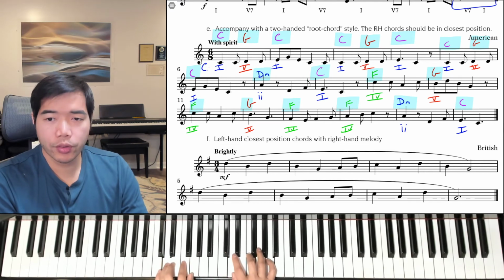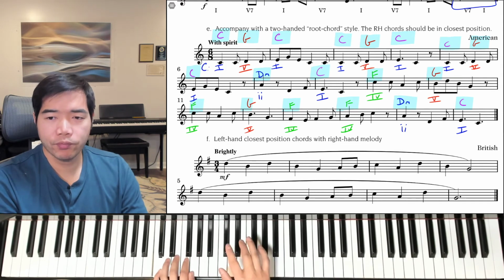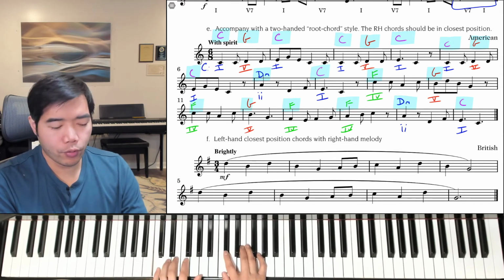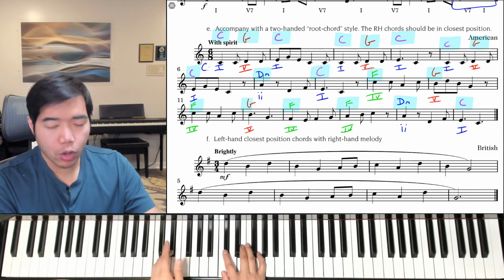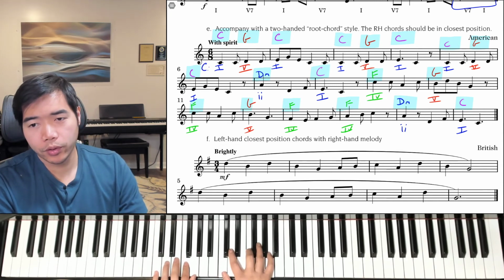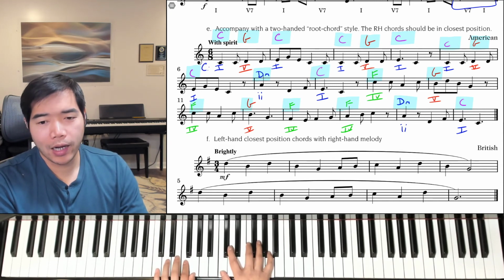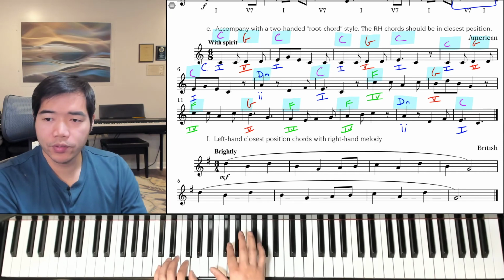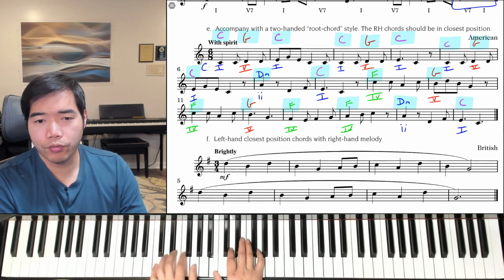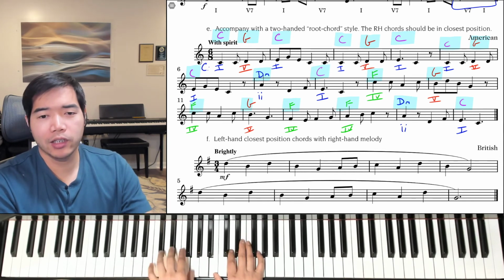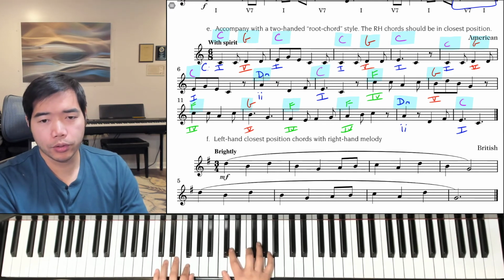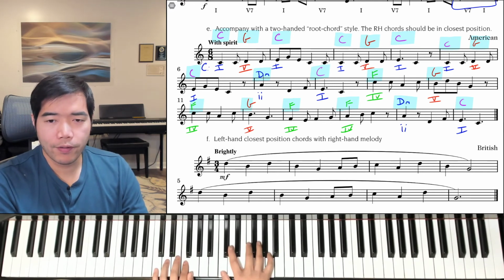Back to C major. Now F major, the 4 chord. Now the 5 chord. Chord and 1, 2, 3, 4, 5.